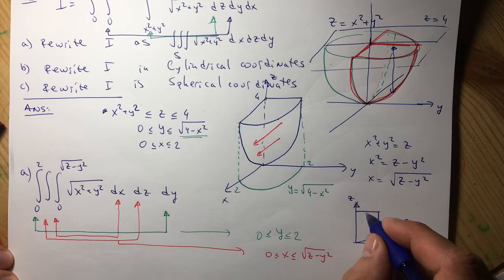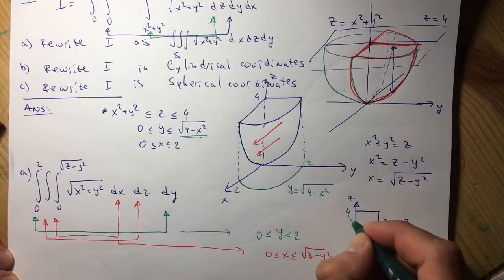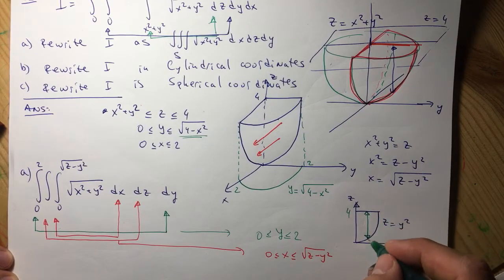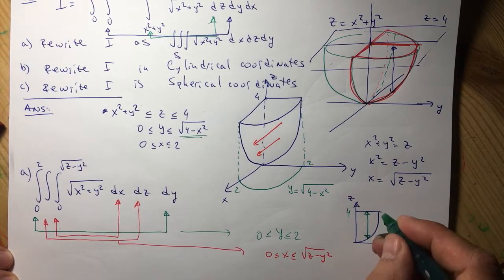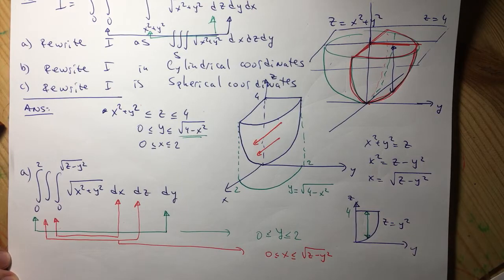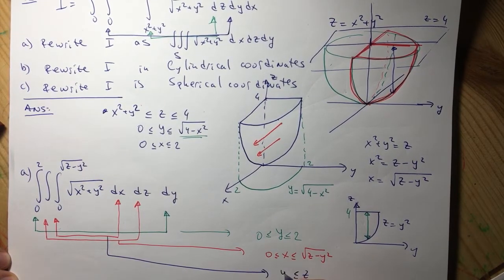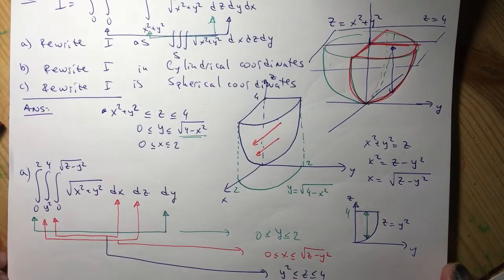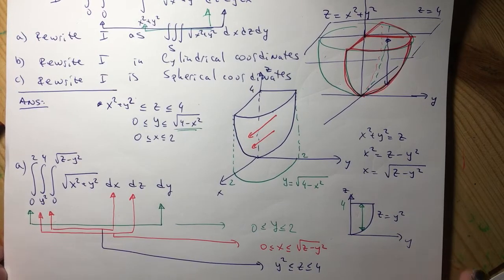So z goes from y squared to 4. The ceiling is 4, and the bottom is this curve here, z is equal to y squared. So z is between y squared and 4. So again, we just have to change the order of integration. We don't have to evaluate anything in this whole question.